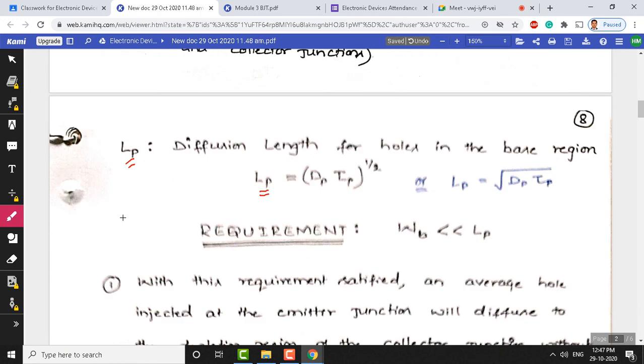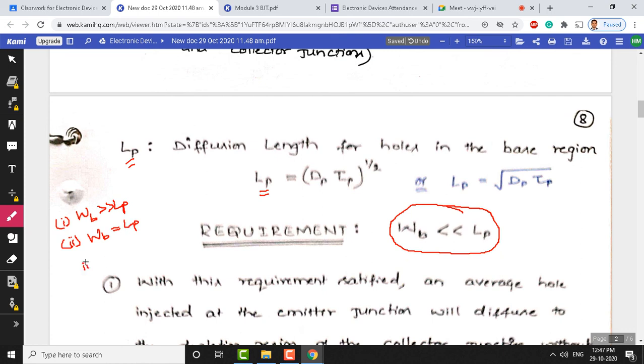The requirement, as we are showing here, is that for a good PNP transistor, WB should be very much less than the LP. And we will also discuss in the coming class what happens when you make WB far greater than LP. This is case 1, we will discuss this. Case 2 is when you make WB exactly equal to LP, what is going to happen.